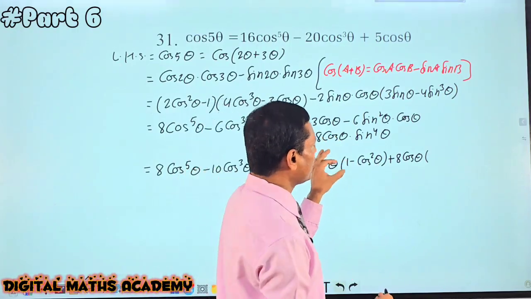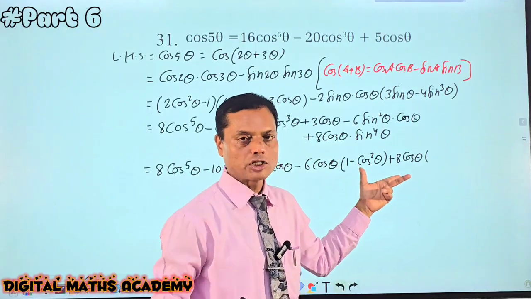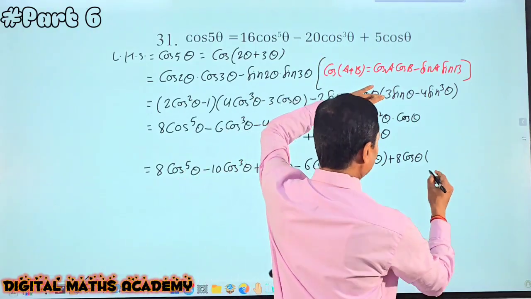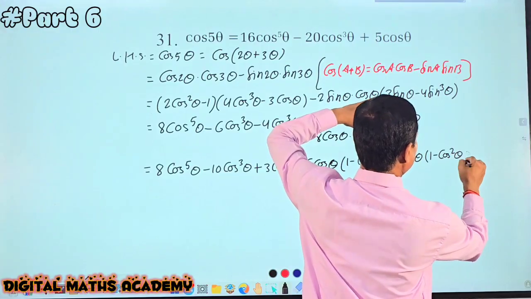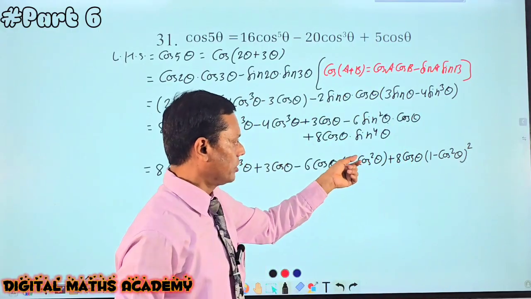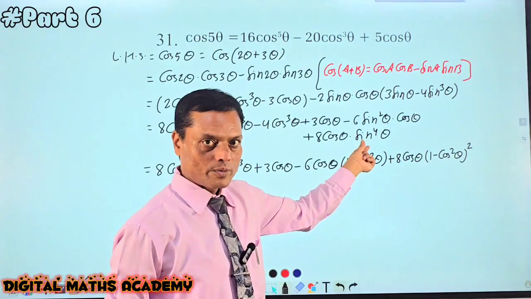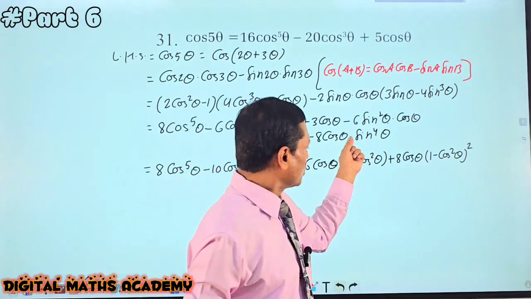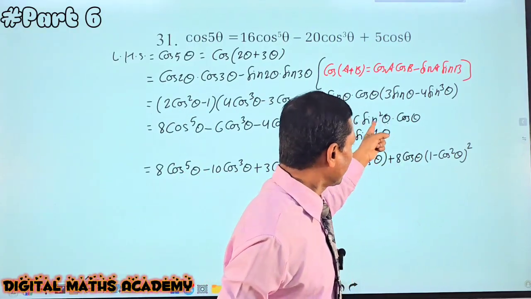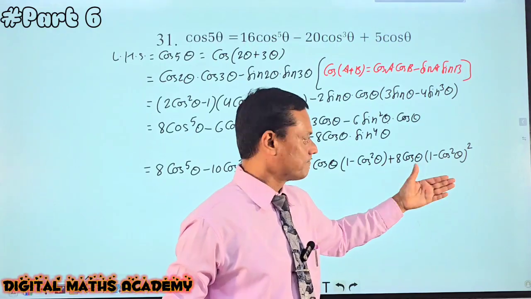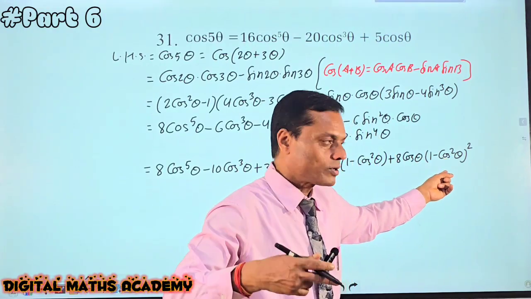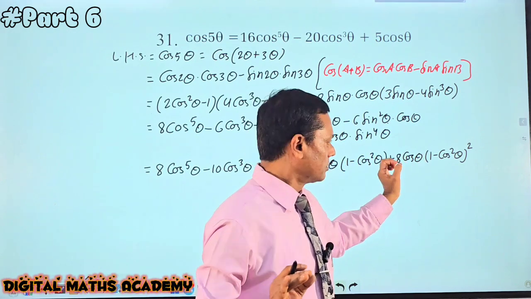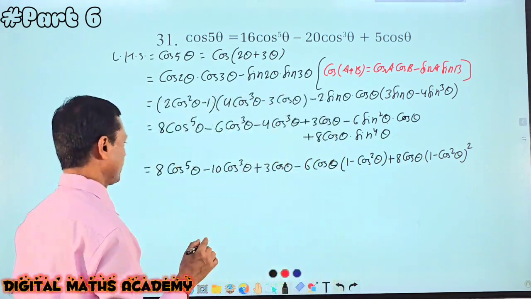So sine to the power 4 means sine square and whole square, right? So we can write 1 minus cos square theta and its whole square. Can you write or not? See carefully. Sine to the power 4 means sine square and whole square, right? So sine square equals 1 minus cos square, and whole square. 1 minus cos square becomes sine square, whole square means sine to the power 4 theta. I think you are understanding.